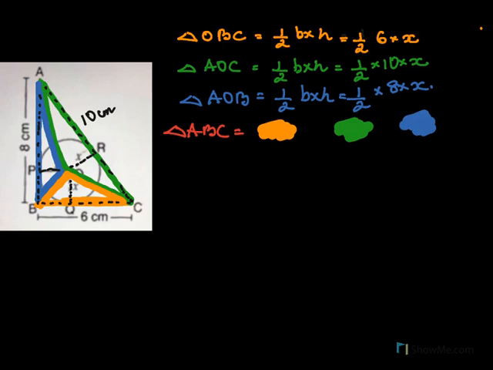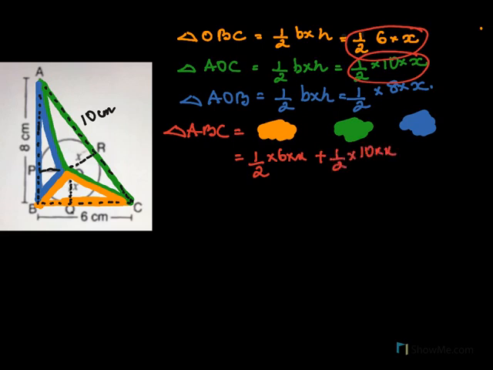So the area is equal to half into 6 into X for the yellow one, plus the green one, half into 10 into X, and the blue one, half into 8 into X. And the area we already found earlier is 24.